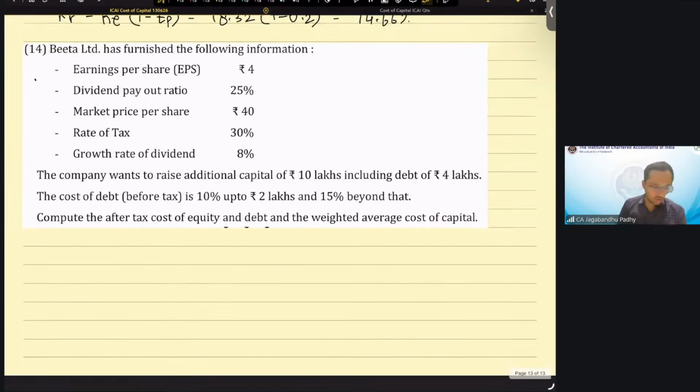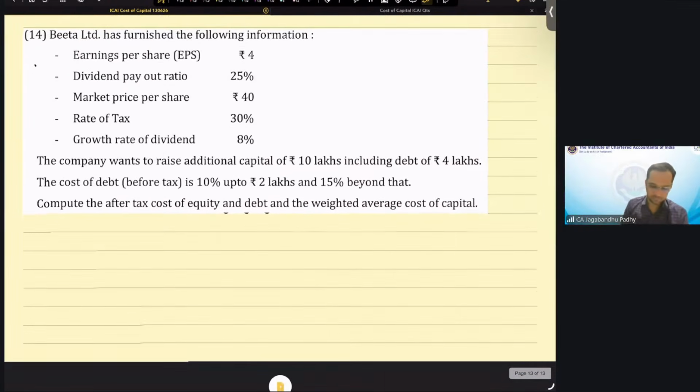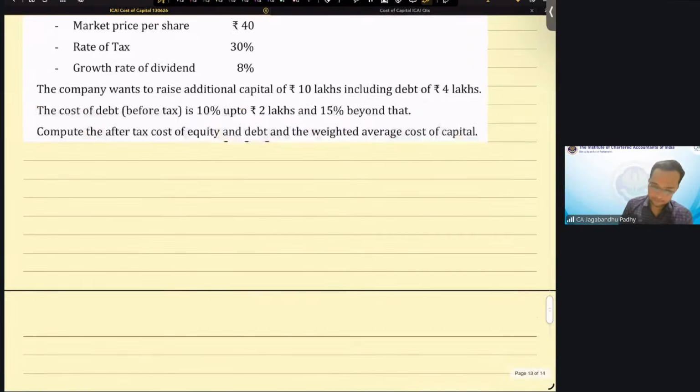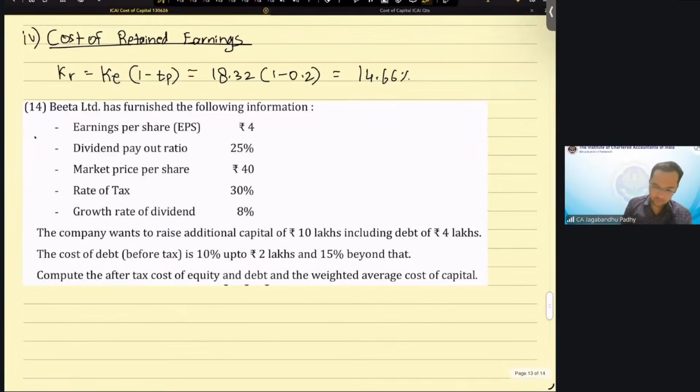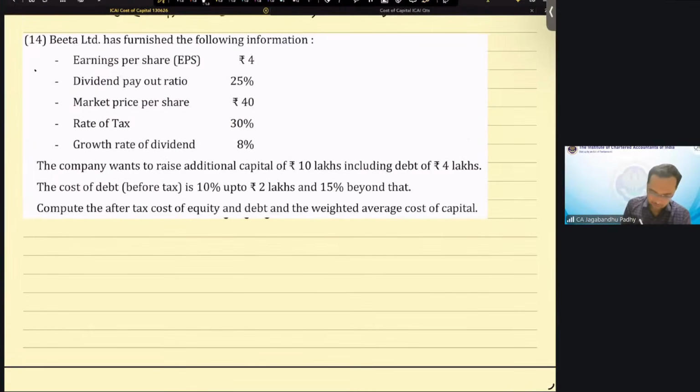So now for KE, for cost of equity, we need first up dividend, which is the dividend expected in the next year. So dividend is going to be 4 earnings per share into 25%, which is 1 rupee.